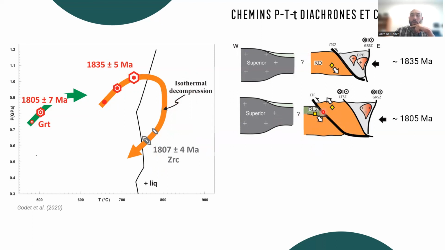And it was co-evolved to the burial of the supracrustal sequences of the Rachel-Laporte zone. So at the same time, we were exhuming that block and burying that block. So it implies that we need a tectonometamorphic discontinuity along what we call the Lac-Turcotte fault.